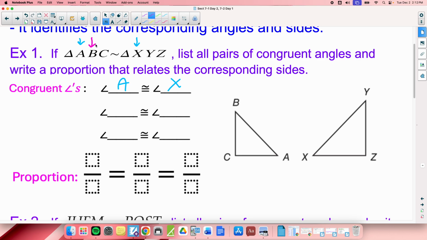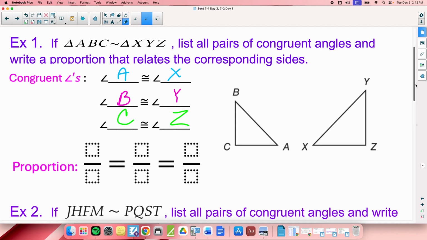B is second, so what is B congruent to? Y, very good. C is third, so C is congruent to Z. Perfect. Okay? Now we're gonna do the proportion. And with a proportion, you write the sides with 2 letters. Okay?